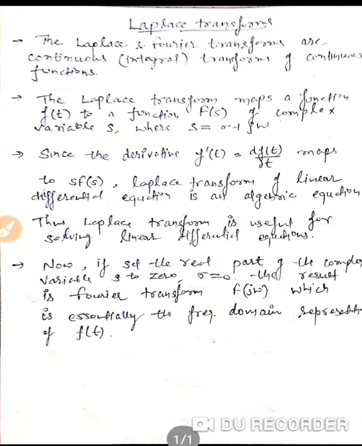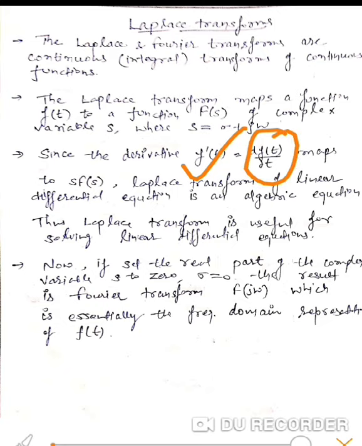while analyzing the signals. So like we have a first differential of a signal f(t), it can be written as df(t)/dt. So if we take Laplace transform of this df(t)/dt, we will get sF(s), which is simply an algebraic term.